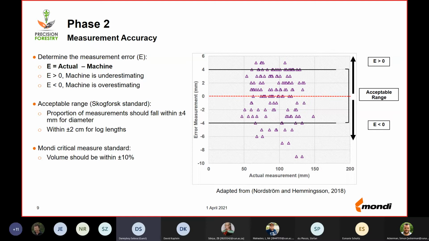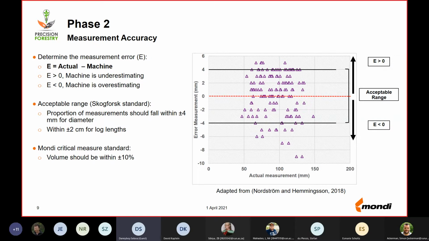Now if you look at the image on the right, we adapted this from Nolan and Emerson. They published it in 2018. Here you're looking at an example of measurement error for log diameter. You have your actual measurements in millimeters against your measurement error. All values on the 0 line mean there is no difference between your machine and your manual measurements.